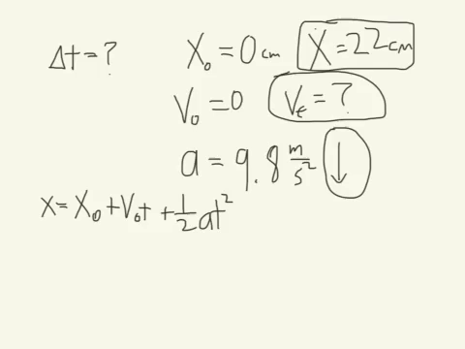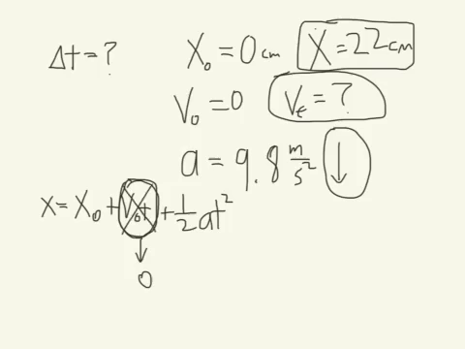And here's something handy we can do. We know that v0 equals 0, so regardless of what time is passing, regardless of what t is, this v0 times t is going to be 0, because 0 times anything is 0. So we can eliminate that.